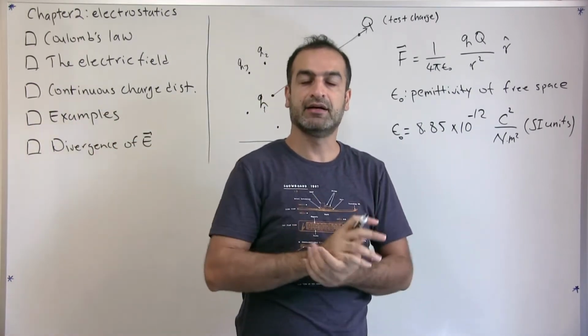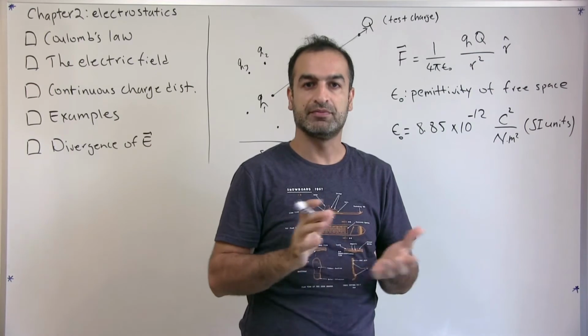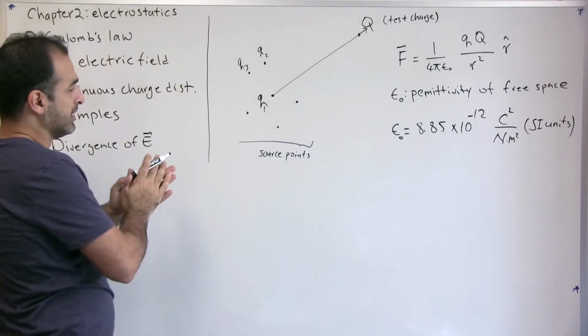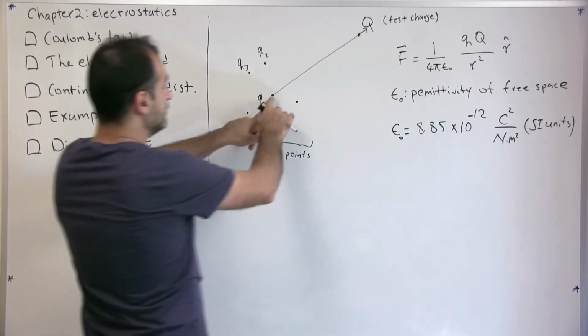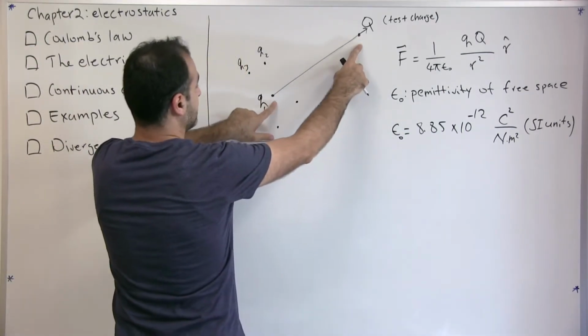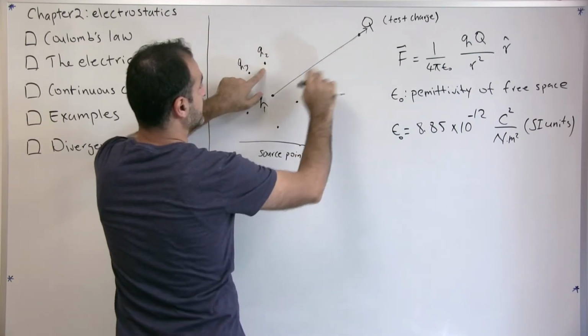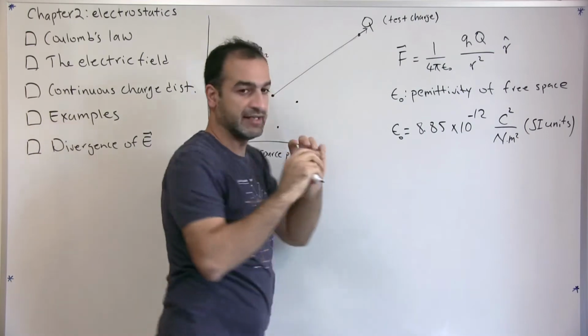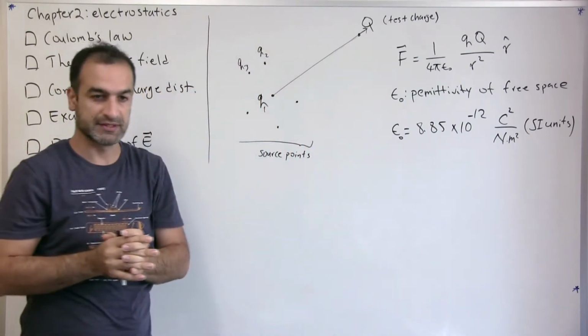That allows us to use the principle of superposition: if we calculate the force from Q1 on q, we can separately calculate the force from Q2 on q, and Q3 on q, and then add up all these forces.